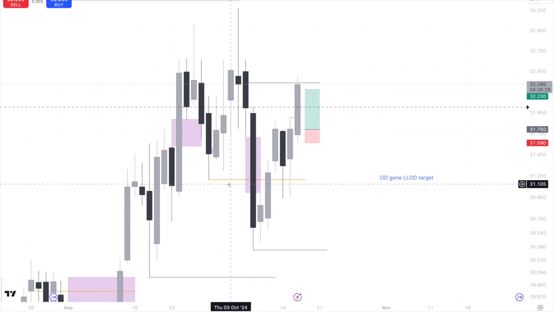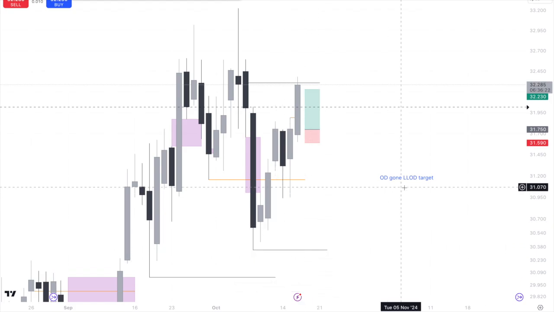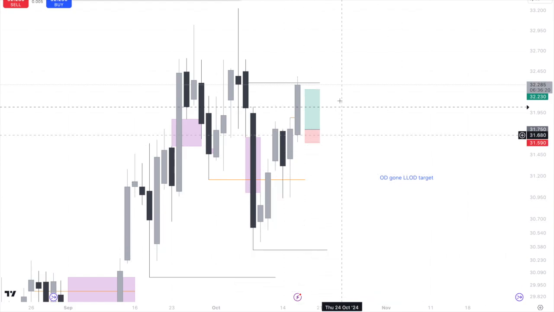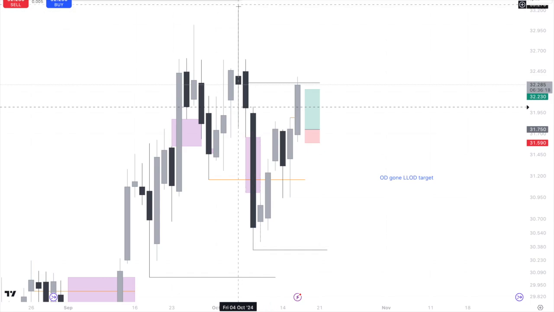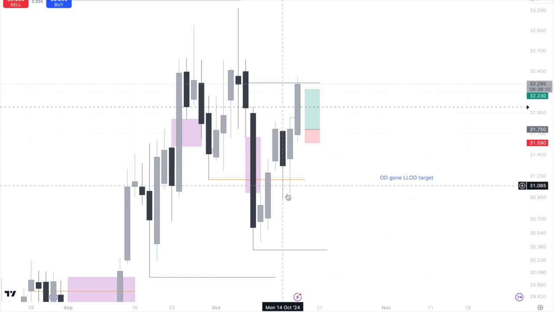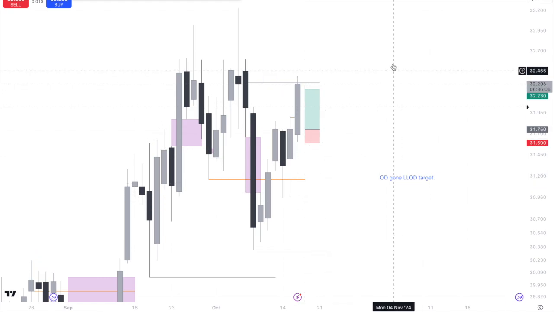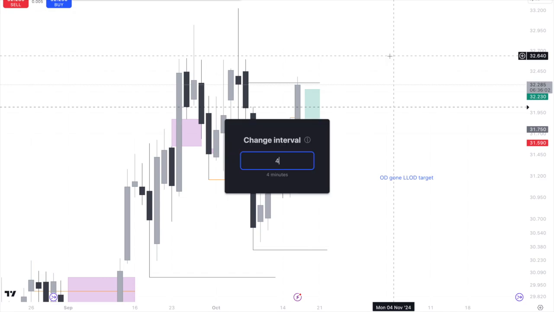I just say fair value area. So yeah, whatever that is. Anyway, when that is gone, you are then targeting the last line of defense, which is technically all the way up here, but you probably go for some smaller target on your entry time frame. But after you've seen these nice rejections, you're basically just looking for some sort of context, aka a fair value gap. So 4-hour.